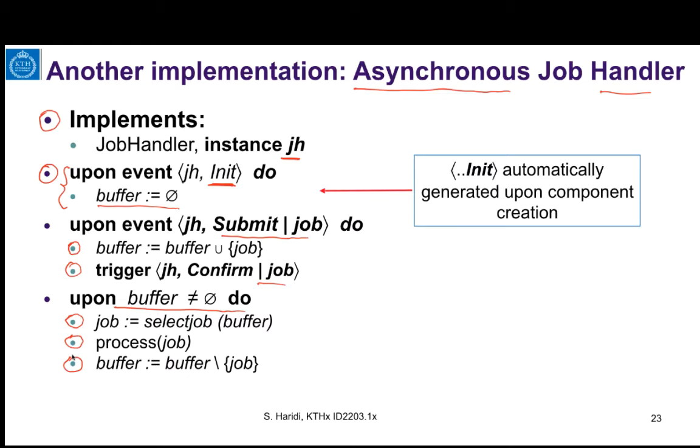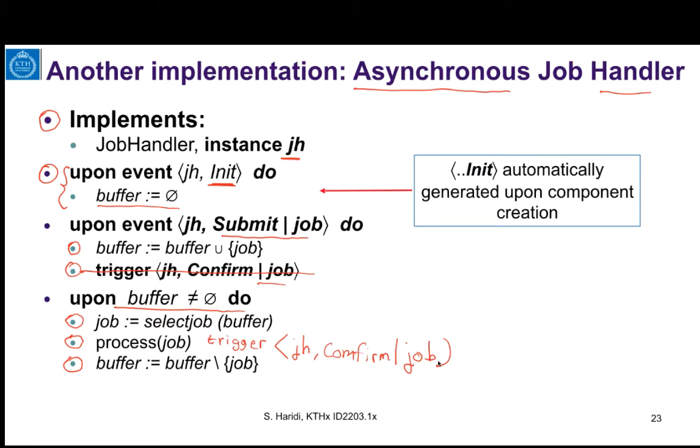Another possible implementation, which still satisfies the specification, is to delete the confirm triggering here, the output event, and actually do it only after the job is processed. So you have here trigger, again job, here is AH confirm job.